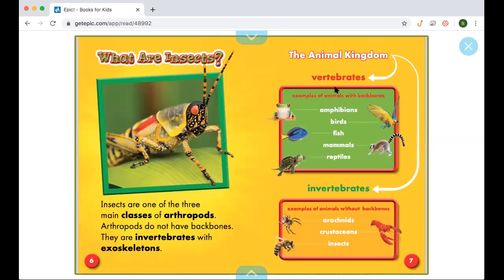Now, the picture says the animal kingdom, and it says vertebrates. Here are examples of animals that have a backbone: amphibians, birds, mammals, reptiles, and then fish. Then we have arachnids, crustaceans, and insects are animals that do not have a backbone. They are invertebrates.